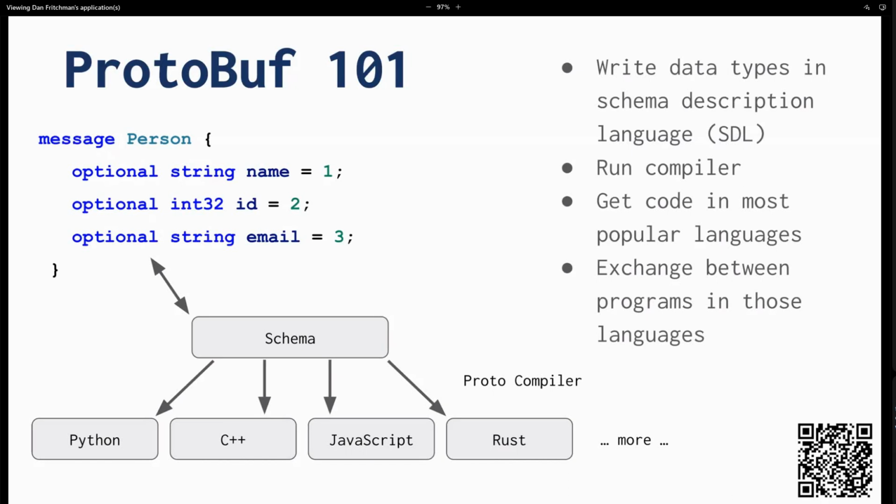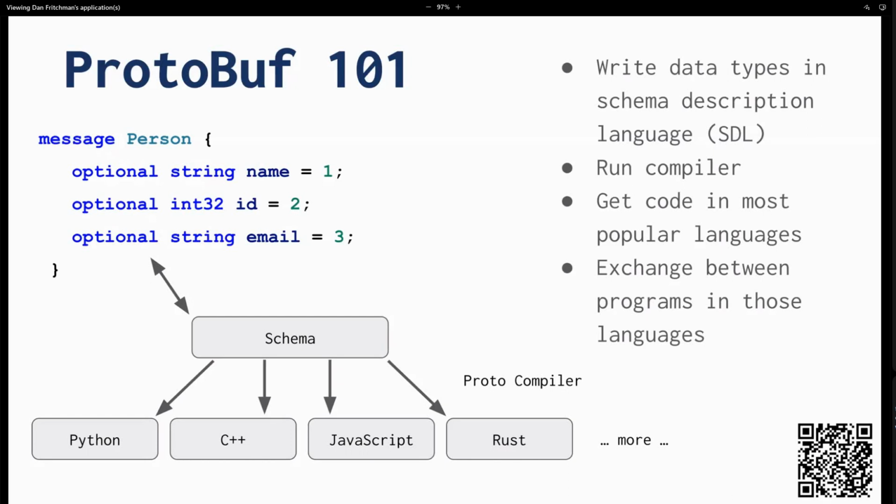That and a few daughter cousins were originally designed as data interchange schema generators for cloud scale interaction between services. The general gist is you write a quote unquote program, you write a schema, so a set of data structures in this schema description language, and then a compiler walks over it and produces interface code for pretty much every programming language you would want.